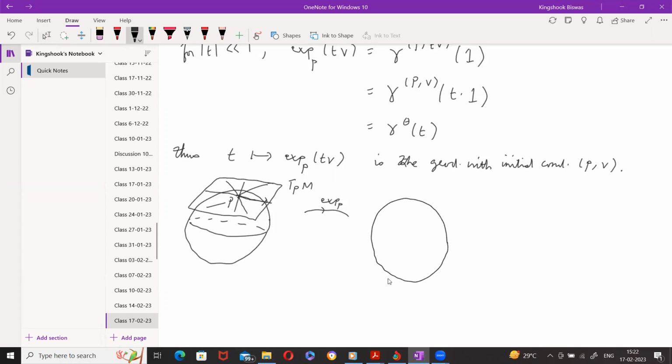Right, so in this case, we saw that the geodesics on the unit sphere are great circles. So great circles passing through the North Pole, those will be just all the longitudes. Okay, so these straight lines are going to map to these geodesics. Is it clear?